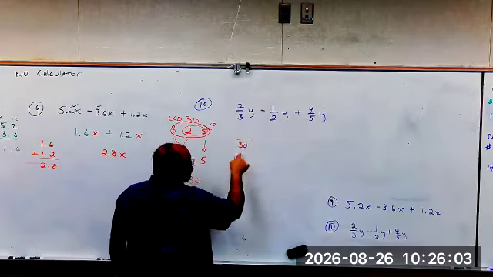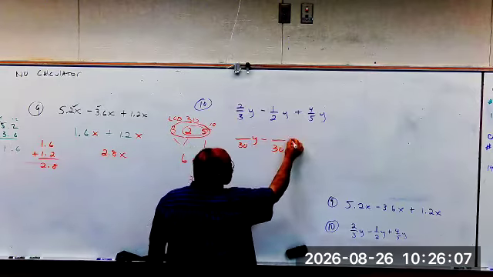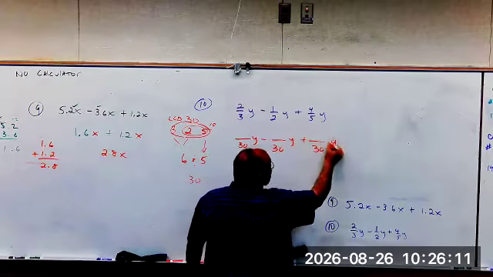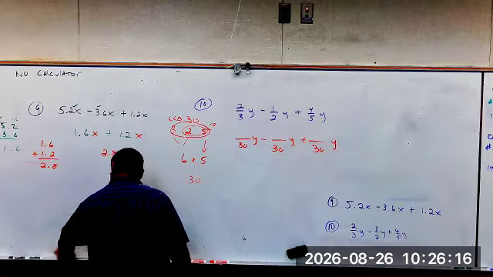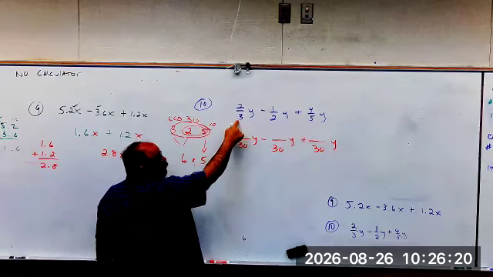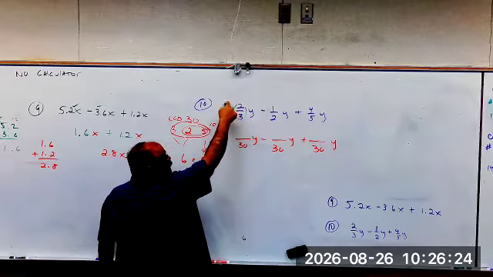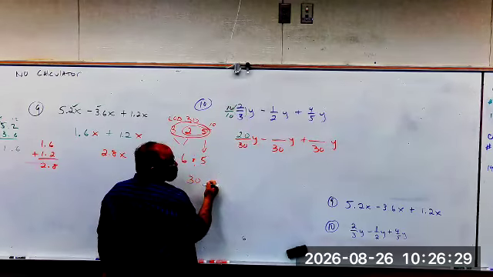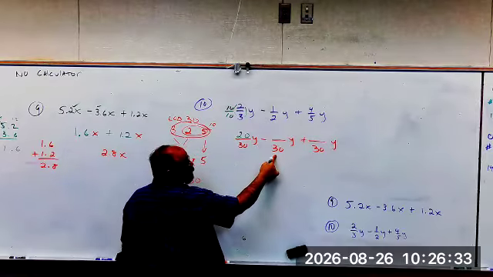So something over 30 times the y, minus something over 30 times that one, plus something over 30 times that one. So to make a 30 down here, we've got to multiply by 10 over 10. In the numerator, 10 times 2, that's 20 over 30. To change 2 into a 30, you're going to multiply by what? 15.